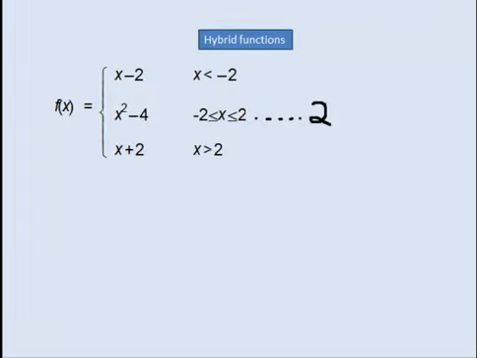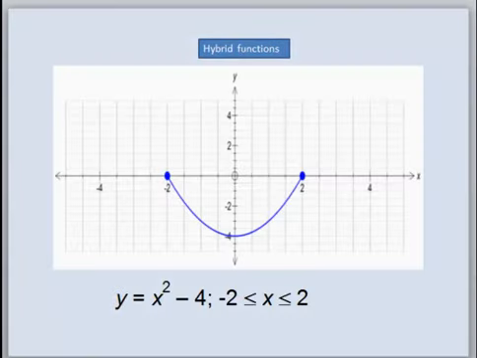Now we will sketch function 2, which is a parabola, and I will include the domain at the same time. As you can see, this is the graph, and we have the domain from -2 to +2.